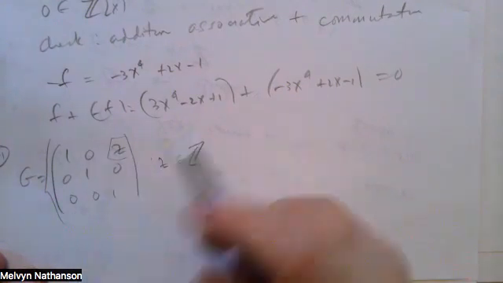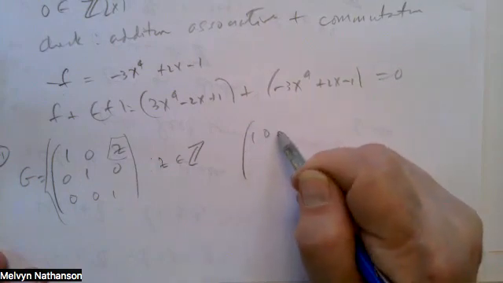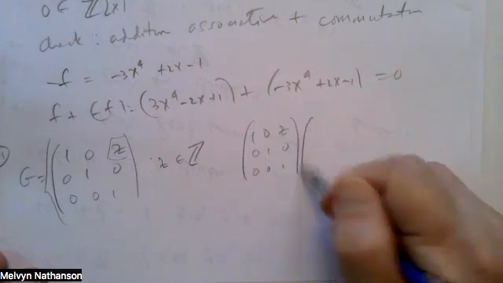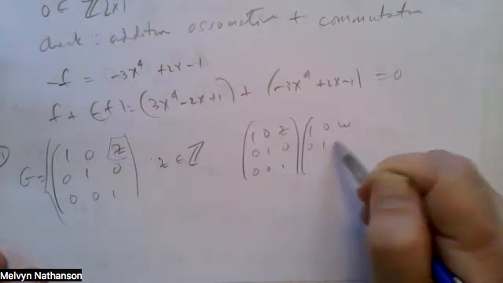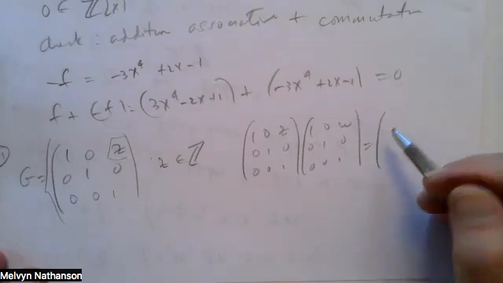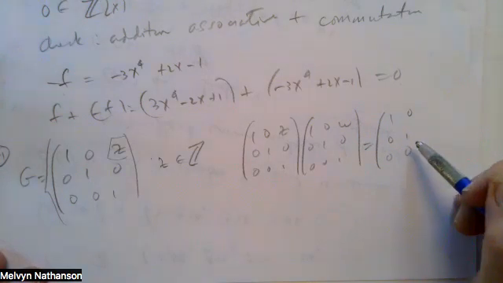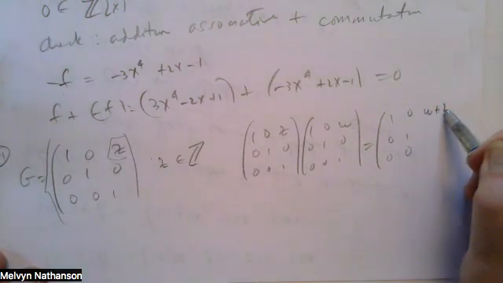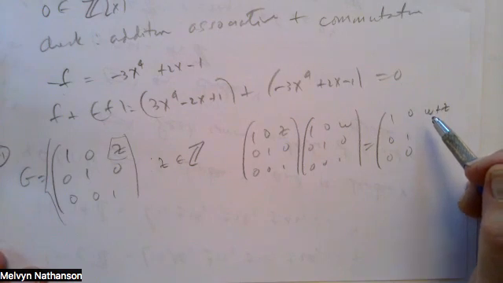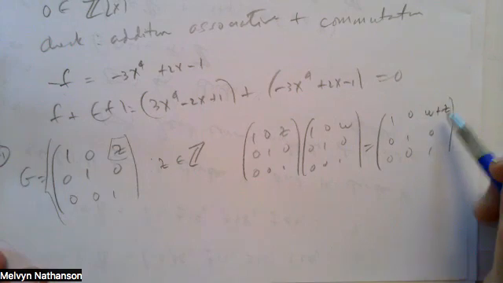And if you multiply such matrices, I take 1, 0, z, 0, 1, 0, 0, 0, 1, say, and 1, 0, w, 0, 1, 0, 0, 0, 1. If I do this matrix multiplication, I get 1, 0, w plus z, 0, 1, 0, 0, 0, 1.